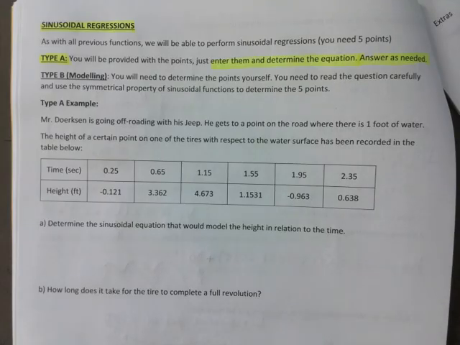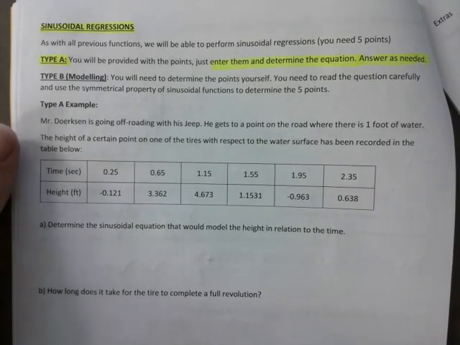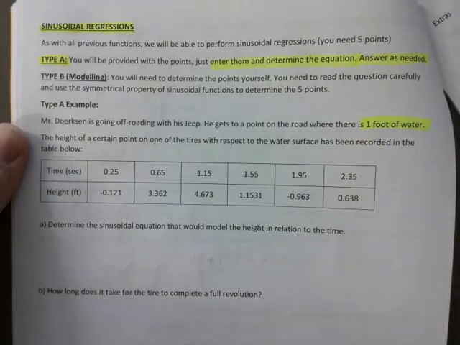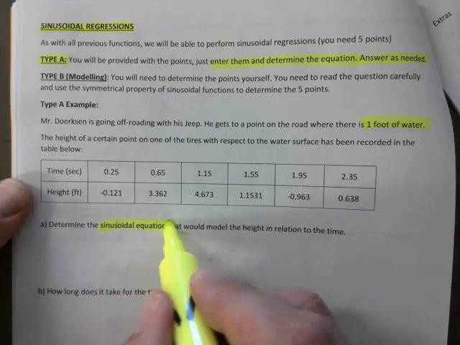Mr. Dirksen is going off-roading with his Jeep. He gets to a point on the road where there's 1 foot of water. 21. The height of a certain point on one of the tires with respect to the water surface has been recorded. Determine the sinusoidal equation.